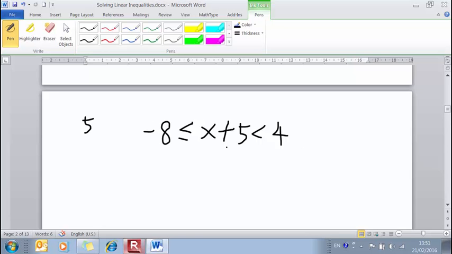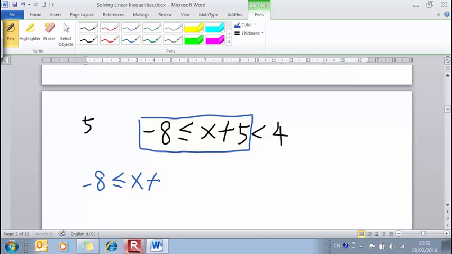In order to solve this inequality, we will have to split both inequality signs. First of all, we look at the left-hand side of this inequality. Now I will extract the left hand side of this inequality and write it separately as one inequality. And then I will look at the right hand side of this inequality, which is x plus 5 less than 4, and I will extract it out and write it separately.